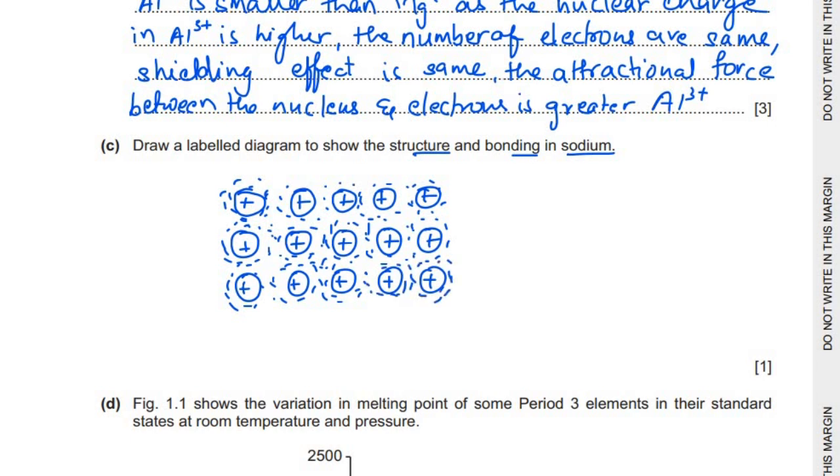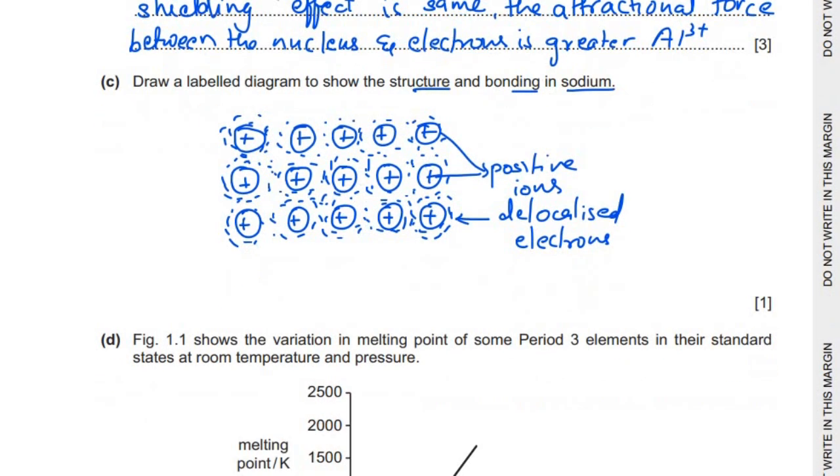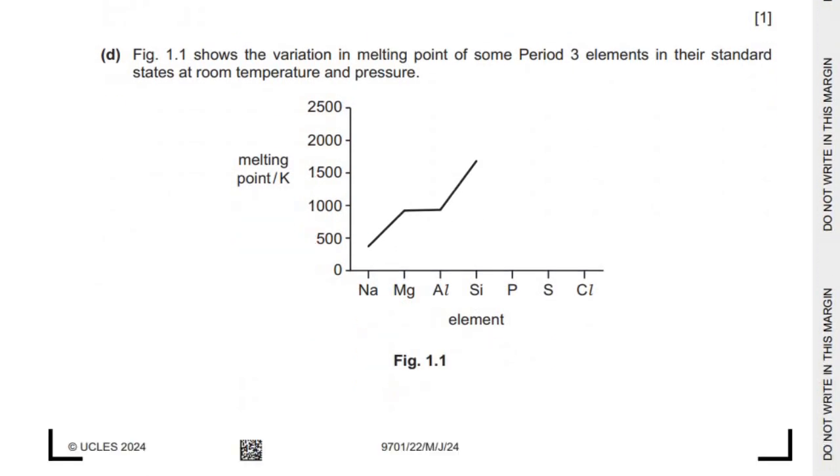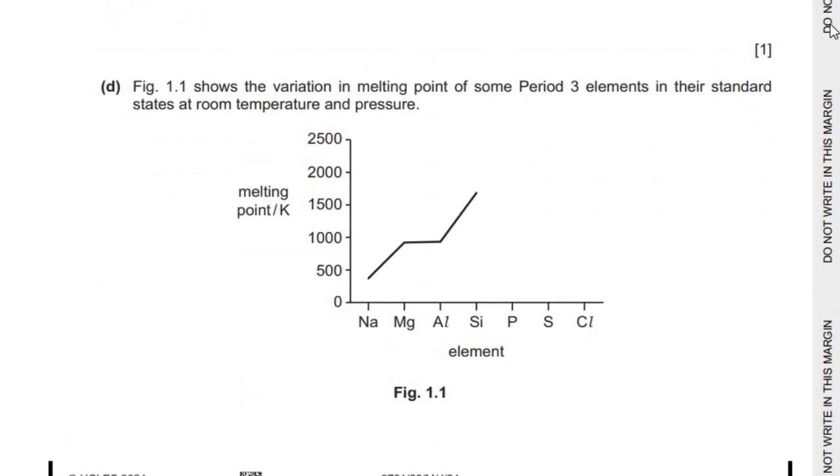So here now we need to label it that these are the positive ions, and here are the delocalized electrons. Now why do we call them delocalized electrons? Because these electrons can move in between the lattice structure, so that's why we call them delocalized electrons.